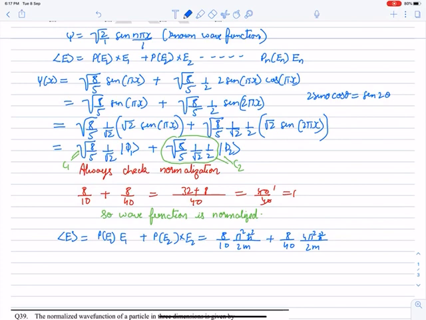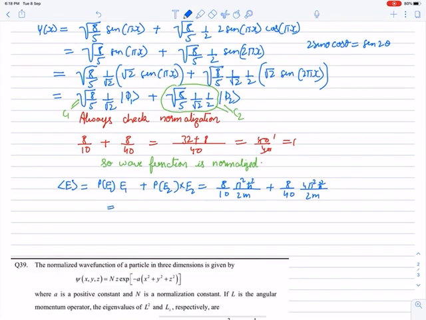Now I can take pi square h cut square upon 2m common, times 8 upon 10 plus 32 upon 40.